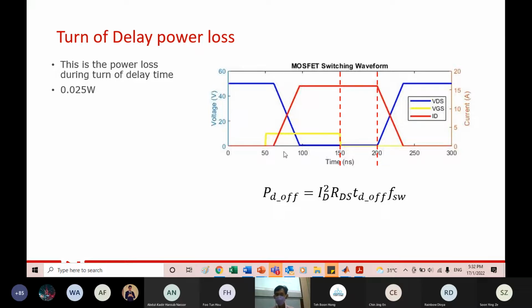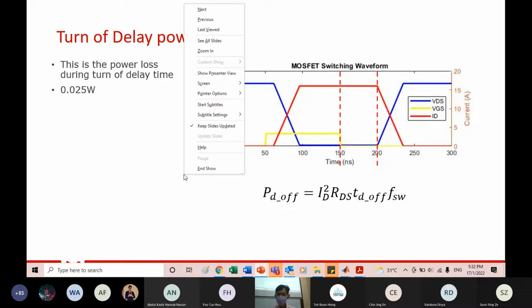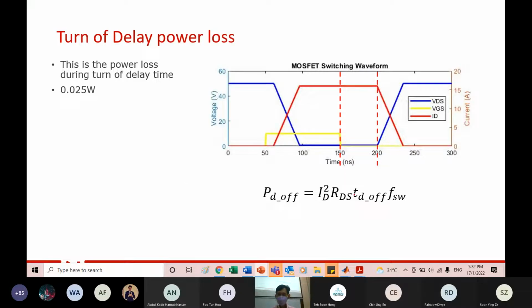Again, it's always a power equation: I square R, multiply by the delay time, multiply by the frequency. If everything is correct, you should get 0.025245.